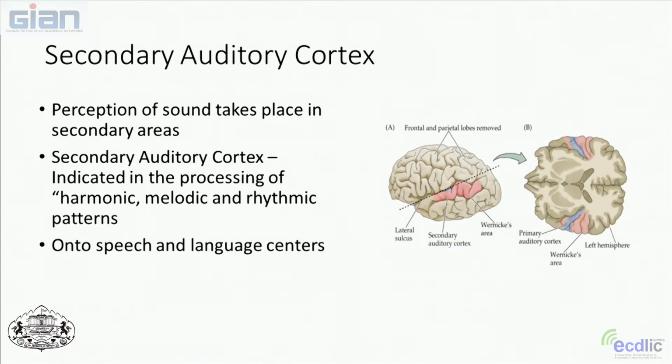After the primary auditory cortex, the information travels to the secondary auditory cortex, where perception of sounds takes place. So we hear everything, it's processed in the primary place, and then we perceive it as it moves out throughout the brain and starts to get processed.